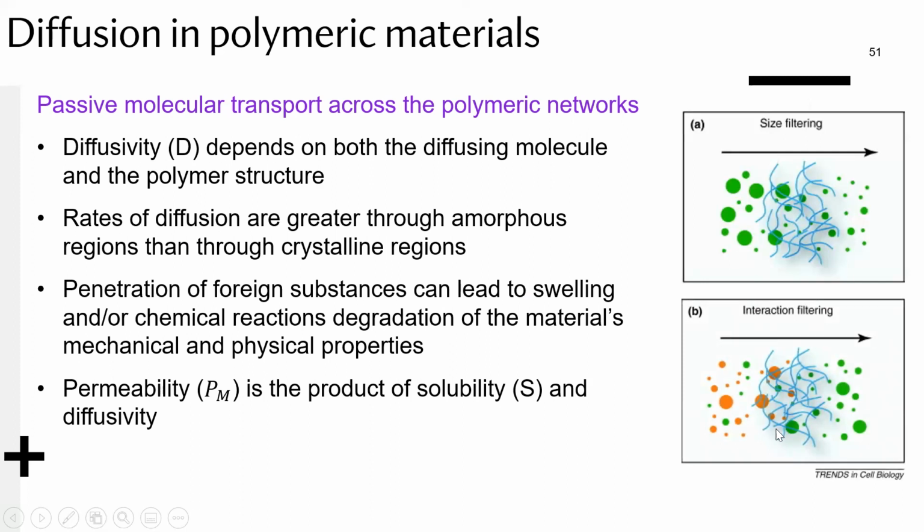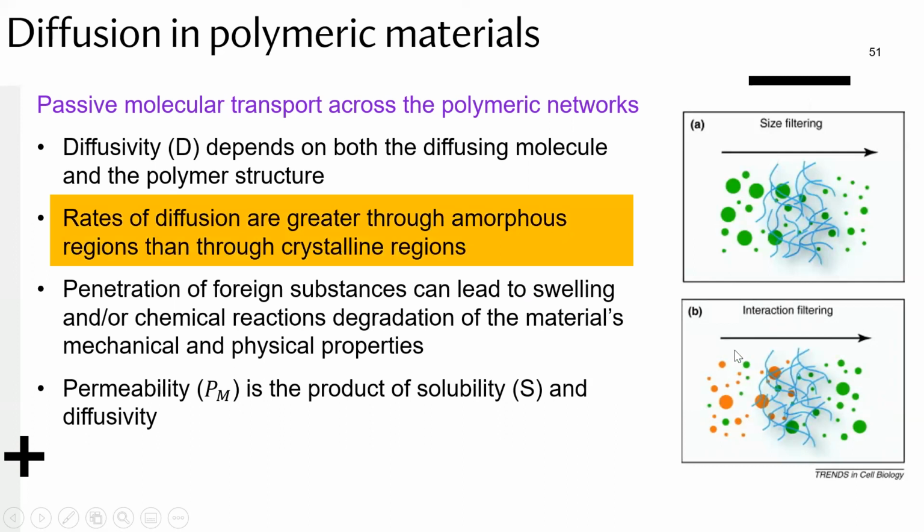If there is some sort of a chemical interaction that basically sticks these molecules to your mesh, then you have another sort of filtering that happens in the mesh, another sort of resistance to diffusion because of the chemical binding, or could also be physical binding to the network. So again, it's a multiplexed sort of problem that depends both on the molecule and the network.